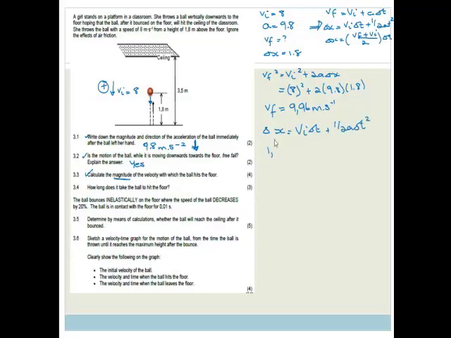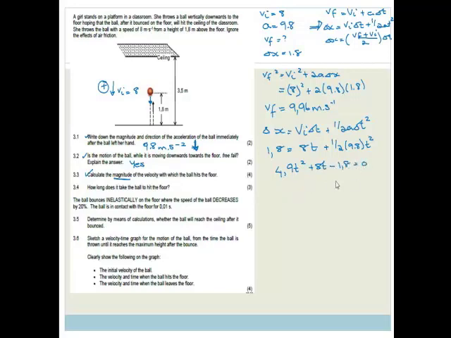This is 1,8 is equal to the initial velocity, which is 8 times t plus a half times 9,8 t squared. So therefore we've got 4,9 t squared plus 8t minus 1,8 equals 0.